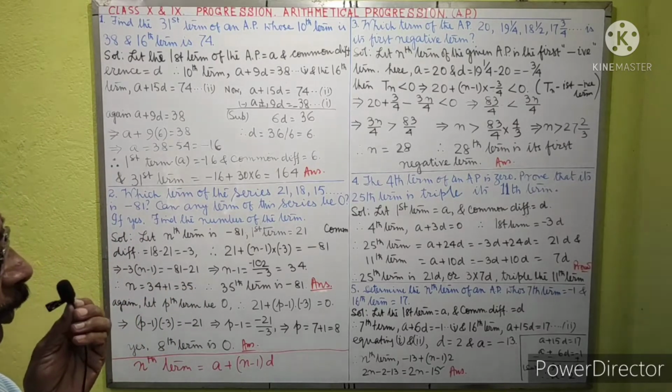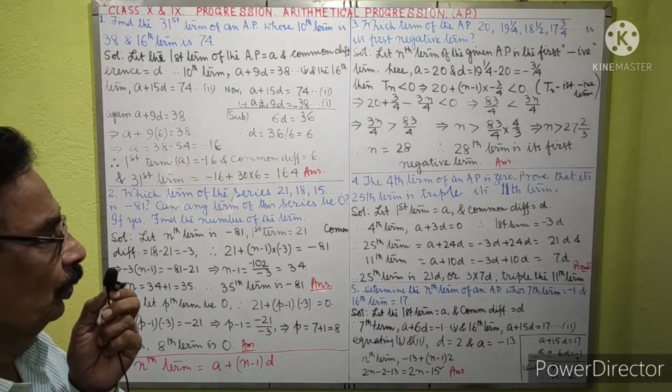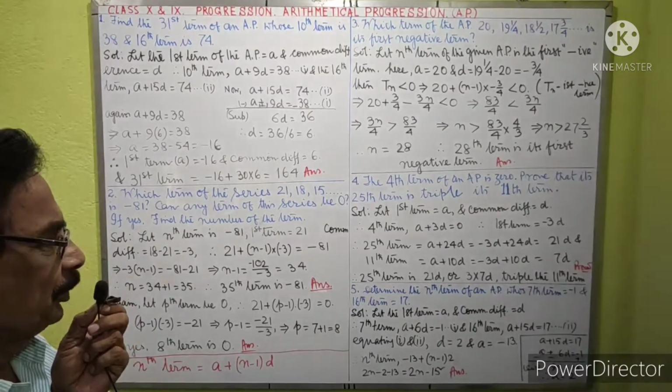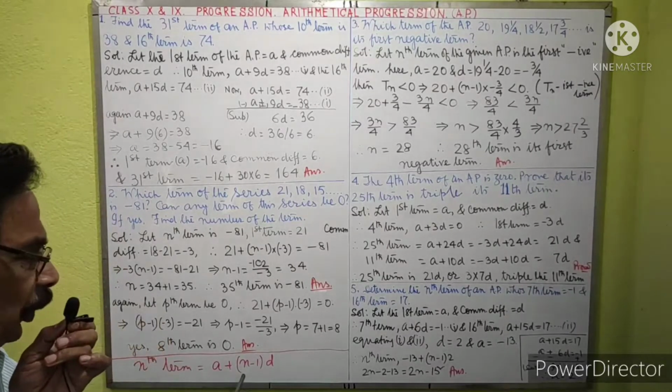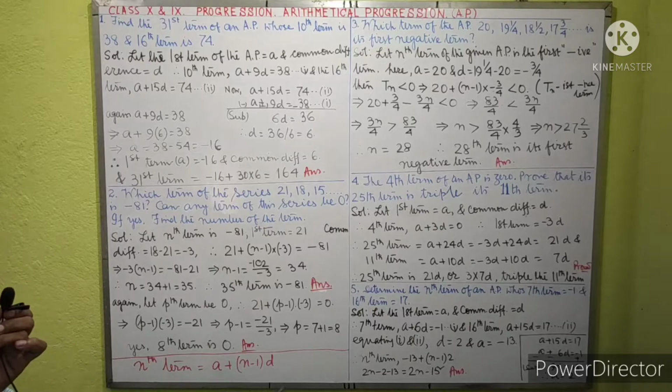Question number 4. The fourth term of an AP is 0. Prove that its 25th term is triple its 11th term. With this formula, we will find out the fourth term. The fourth term equals A plus 3D equal to 0, because it is given that the fourth term is 0.